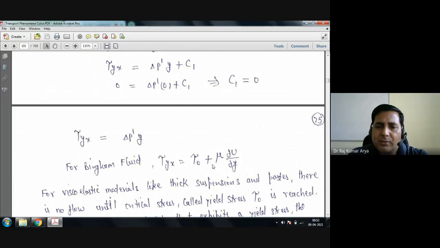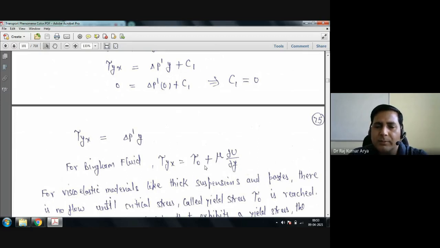Now this tau naught which I was talking about is your critical stress, the minimum threshold value. If the applied stress from your side does not exceed this value, it won't flow. That means when the stress is less than or equal to this, your tau yx would be 0, as there is no resultant shear stress to make it flow.